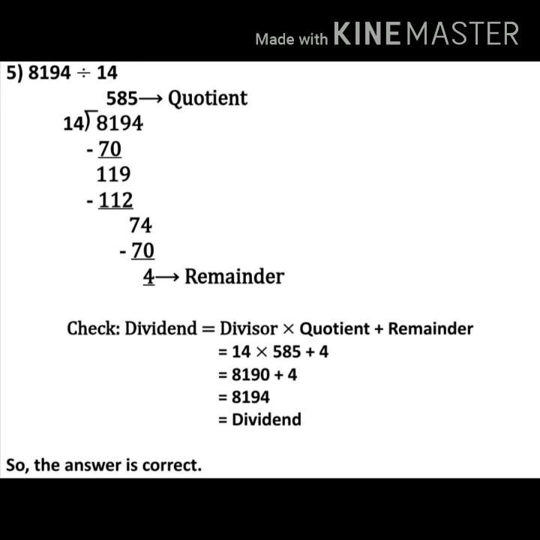Fifth part. 8194 divided by 14. Here 8194 is the dividend and 14 is the divisor. Firstly we have to divide these two numbers. 14 fives are 70. Write 5 as the quotient and write 70 below 81. After subtraction we will get 11. Now we will bring down 9 and the number will become 119. 14 eights are 112.